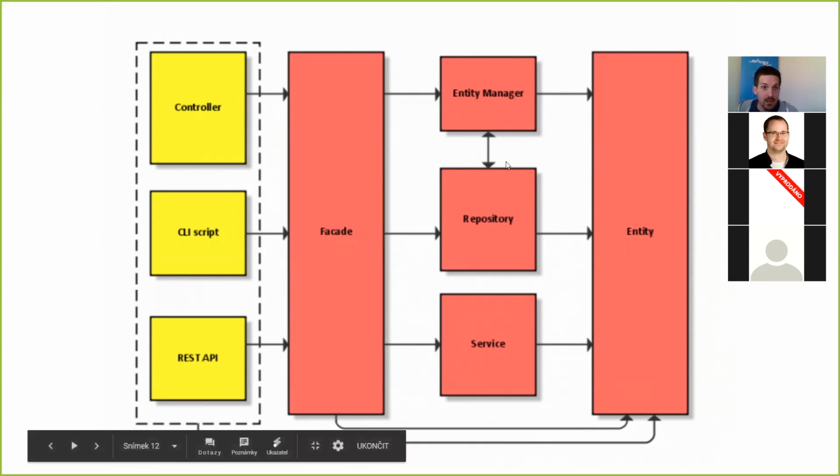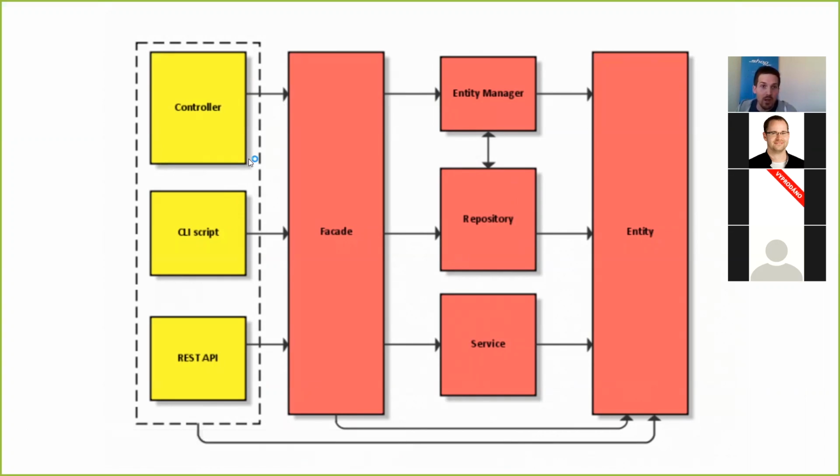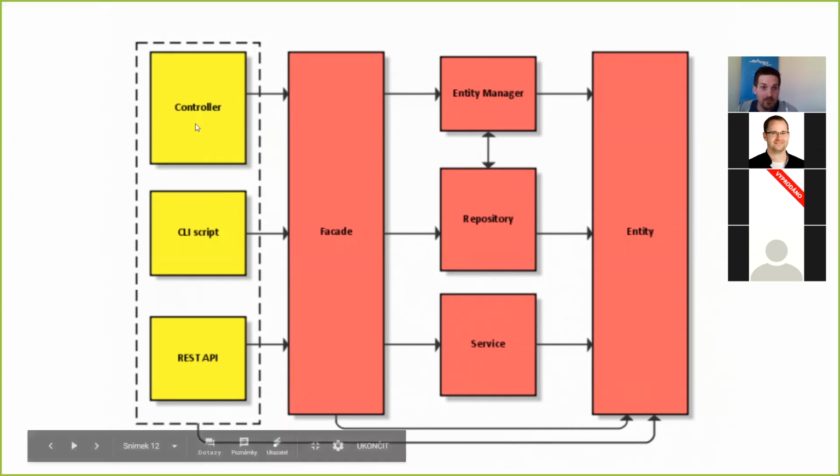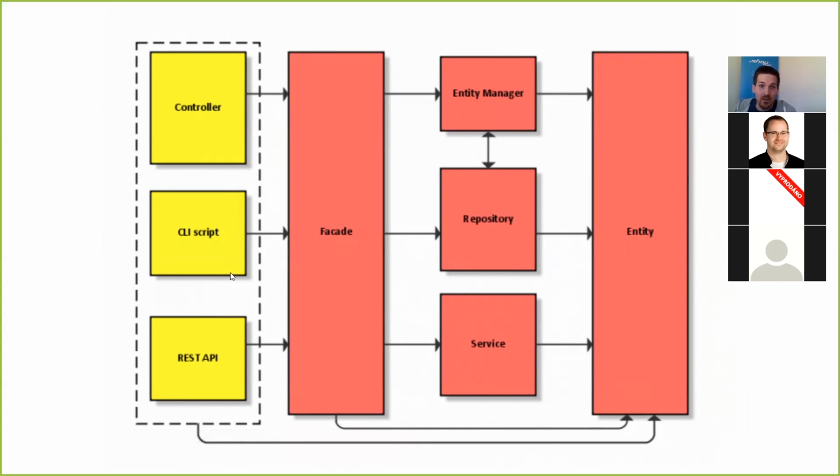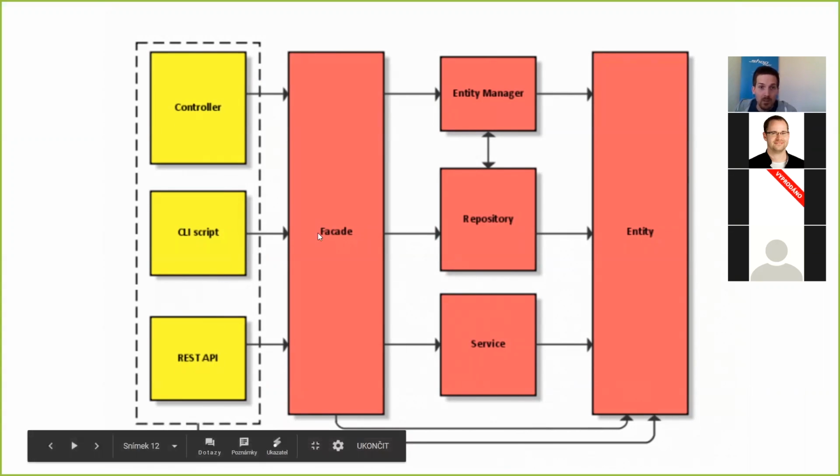You can notice that here on the left, the yellow rectangles are the things that are outside of the model of the application. It's, for example, a controller. It could be some command line interface scripts. It could be a REST API or something else that is considered to be outside of the model.